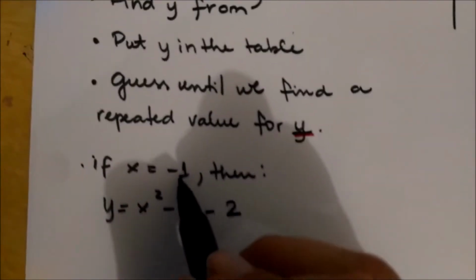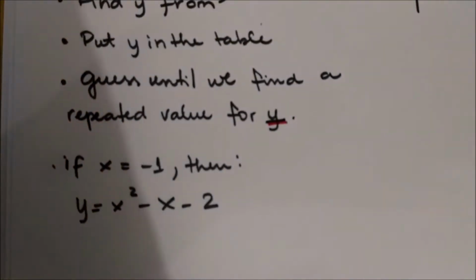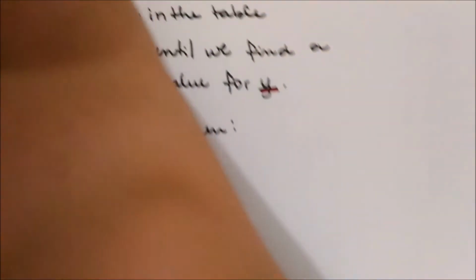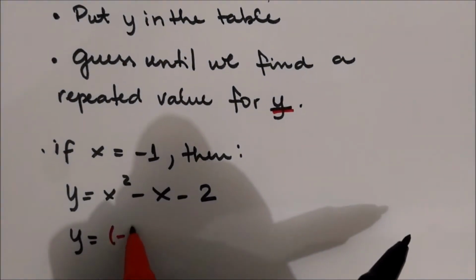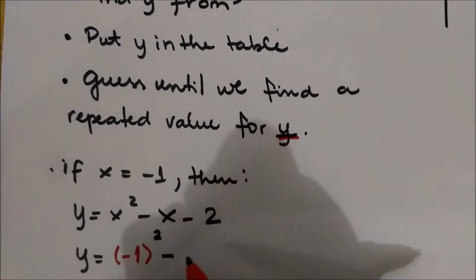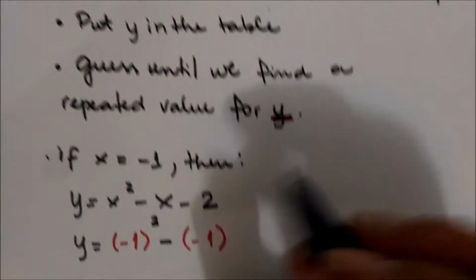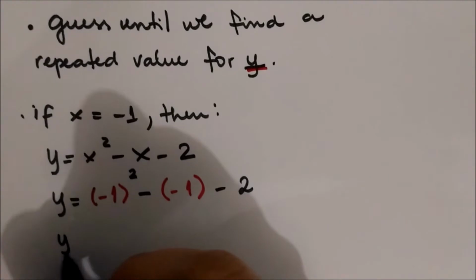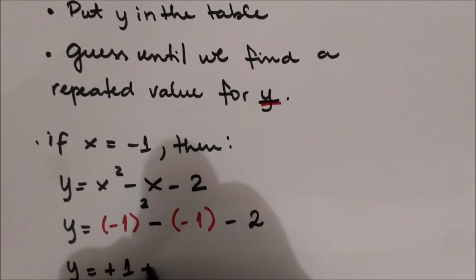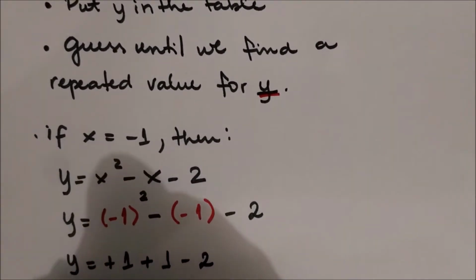I'm gonna replace x for y, okay? Remember to use parentheses. -1 squared is going to be +1, minus with the minus positive. So y is going to be 0.